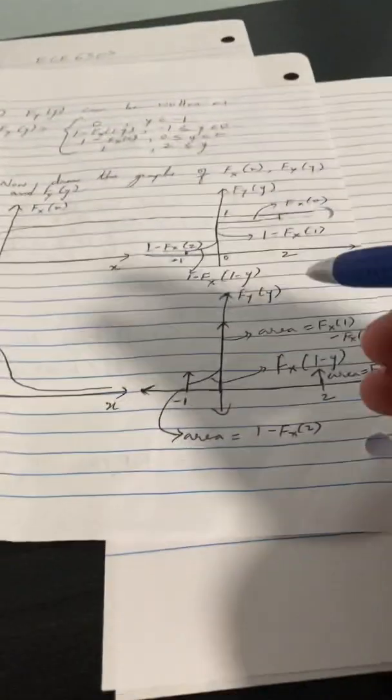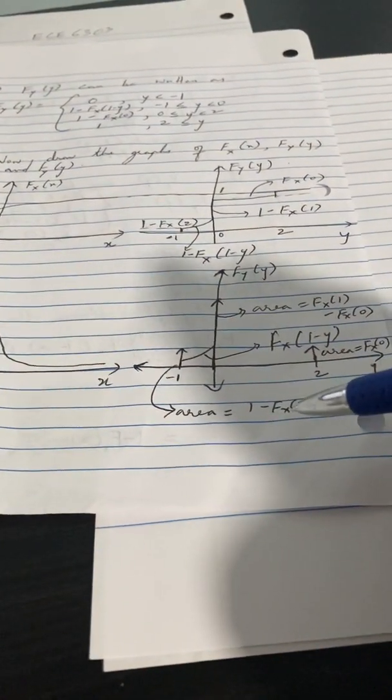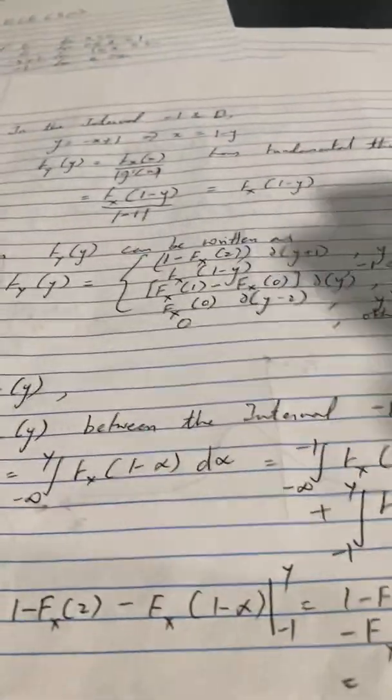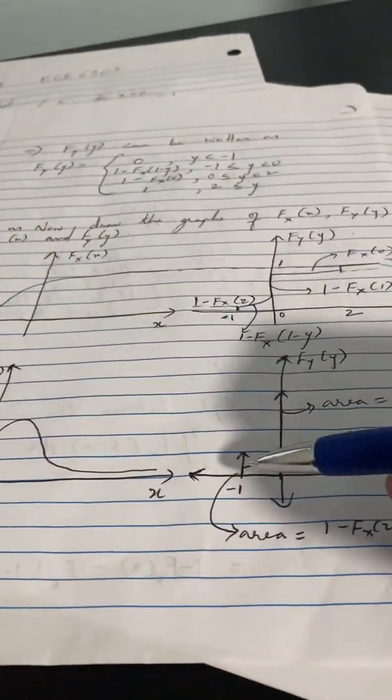So at -1 there is an impulse, and its area is 1 minus F of x at 2, and between -1 and 0 there's the function f of x at 1 minus y.